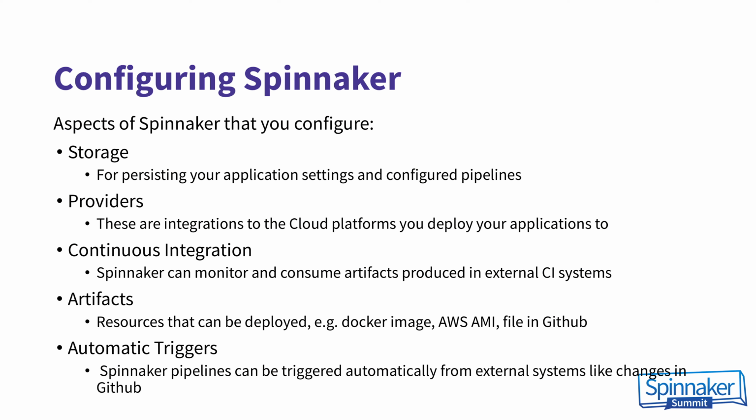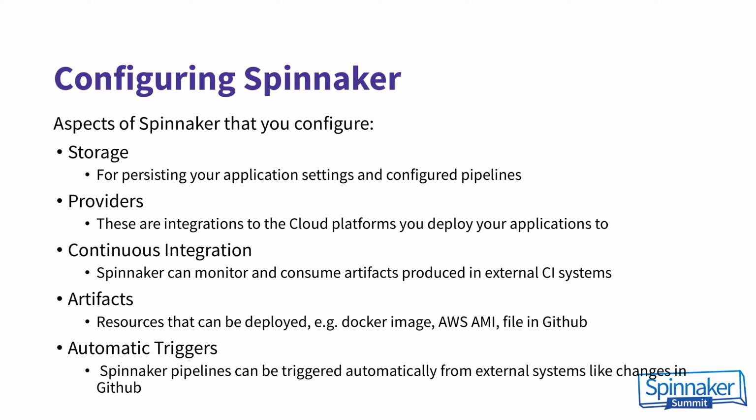So when you are setting up Spinnaker, what are the different things that you configure? One is storage, right? What are the things that Spinnaker stores? You will create accounts in Spinnaker. Different providers you will set up in Spinnaker. All that information is persisted.